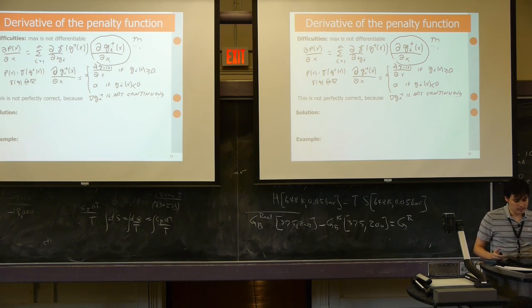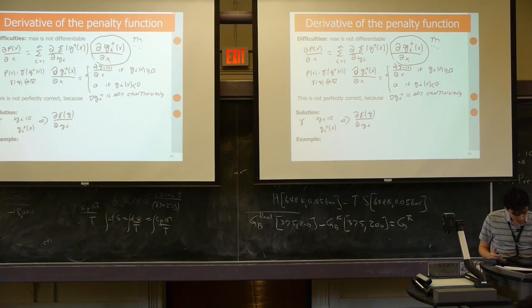Okay, so the solution is that we define the function gamma in such a way that if yi is 0, which is, right, gi plus x in our case, then the derivative of gamma at y will be 0. In that case, it doesn't matter if this guy is not continuous here, because I will multiply it with 0. Right? So in that case, this px function is differentiable.